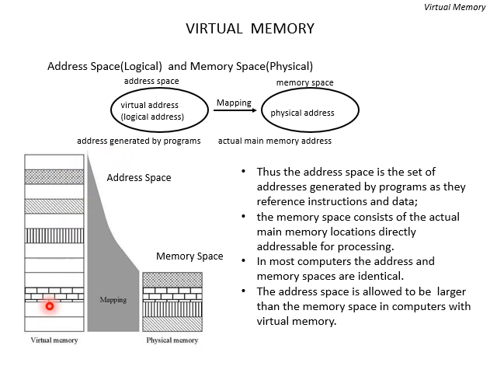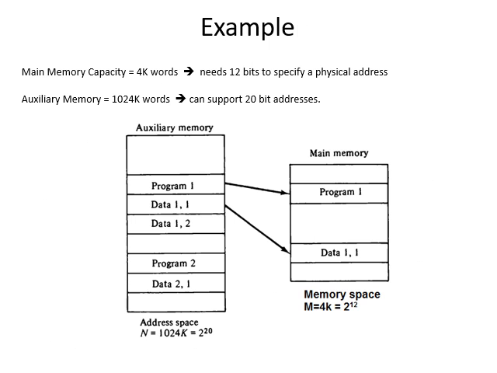As you can see over here, the virtual memory is larger as compared to the physical memory. So obviously the address that is generated for the virtual memory will also be larger as compared to the address required for the physical memory. So we need some sort of mapping to convert the larger virtual memory address into the smaller physical memory address.